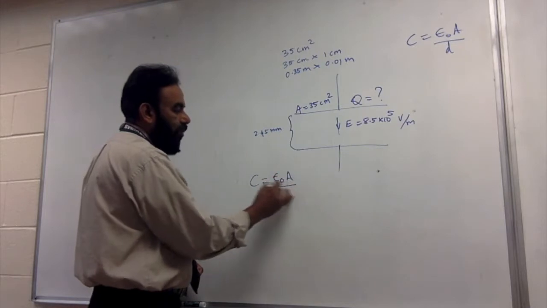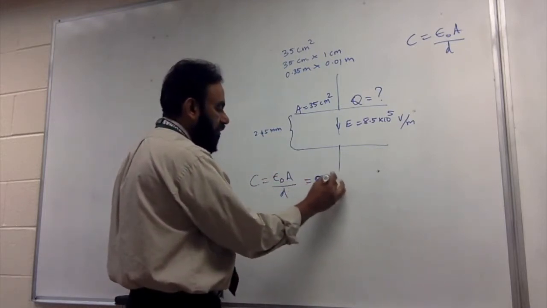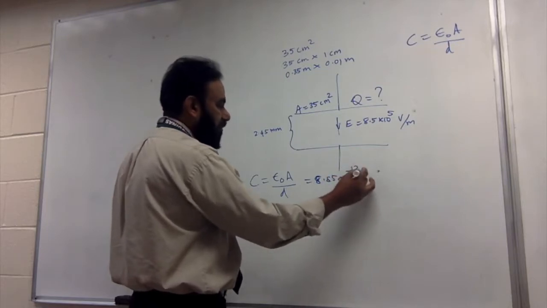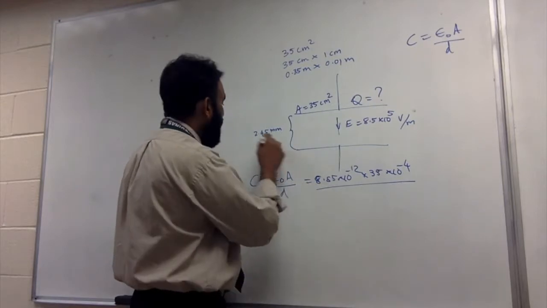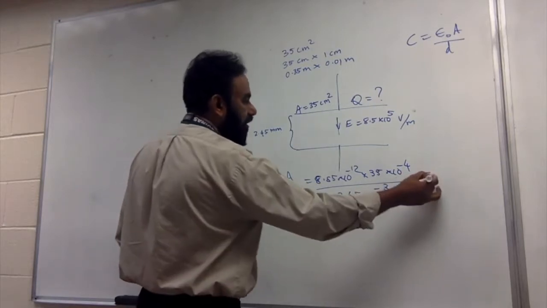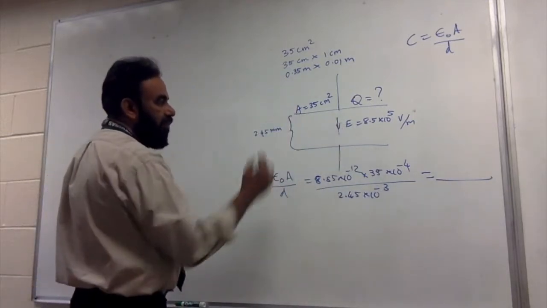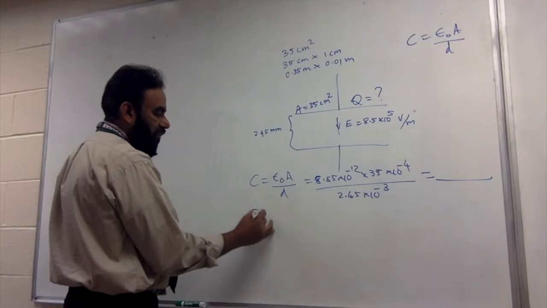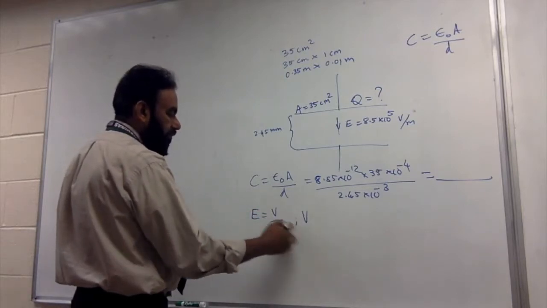Epsilon naught area over D, so we find the capacitance. 8.85 times 10 to the power of minus 12 times area 35 times 10 to the power of minus 4 over D, which is 2.45 times 10 to the power of negative 3. You have the capacitance. And then find the voltage. E is equal to V over D. So V will be equal to ED.